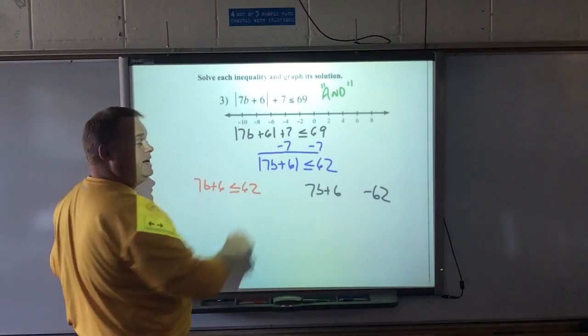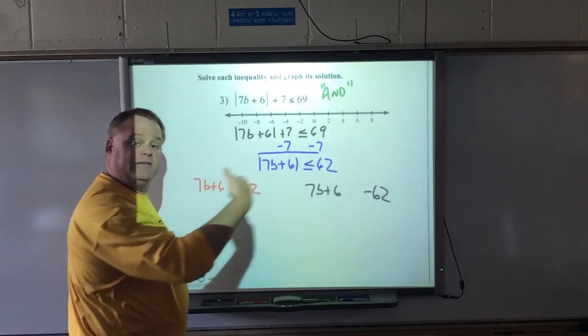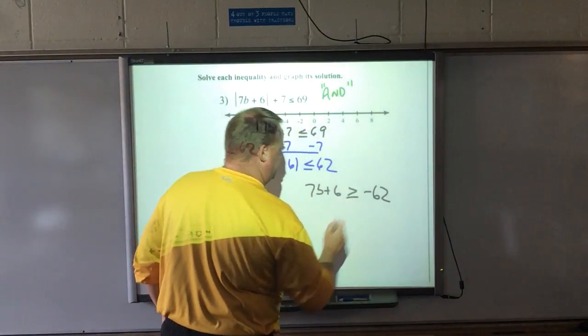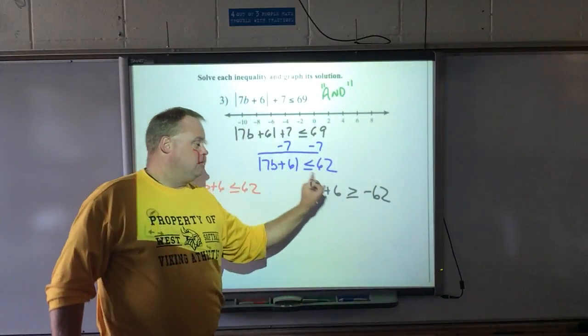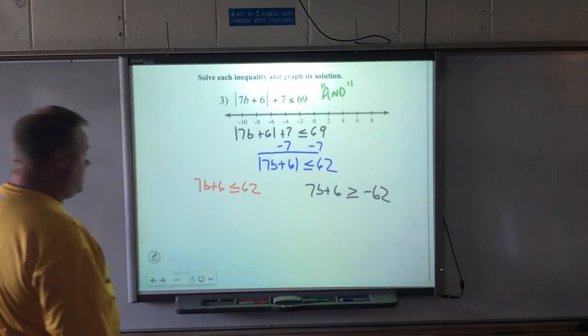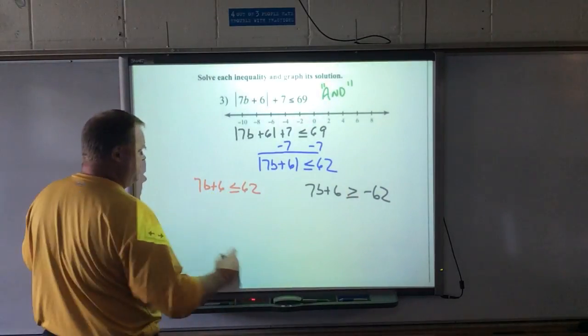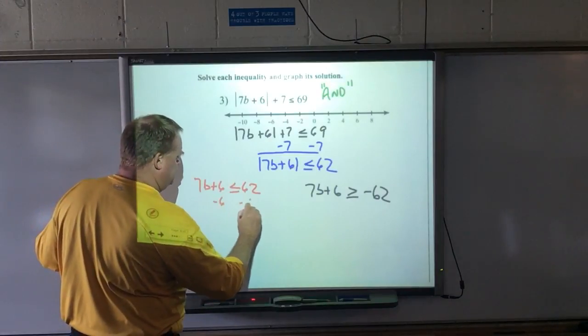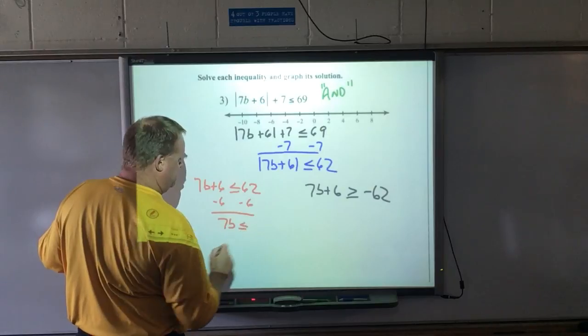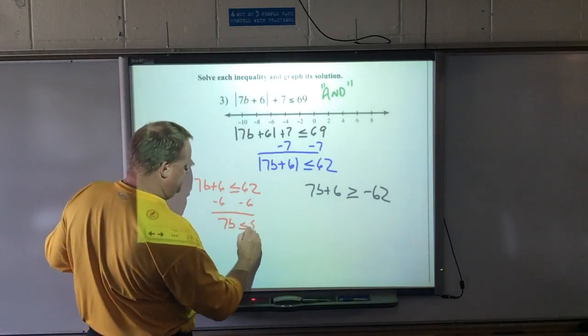But since it is an inequality and I have a negative across it, I have to flip the sign. So notice, I have flipped my inequality sign when I put a negative with 62. All right, let's solve. Subtract 6. 7b is less than or equal to, what is that, 56?